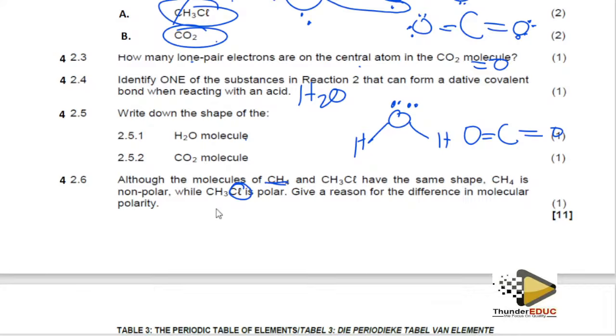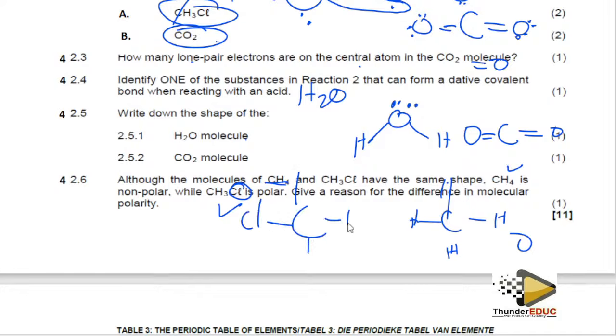So the electronegativity of the chlorine will show, and the difference will not be zero. Hence, this one is going to become polar and this one non-polar, because when you subtract the forces in methane, it goes to zero. But in chloromethane, this is chlorine and these are hydrogens, and they won't give you zero. Hence, it's going to become polar.